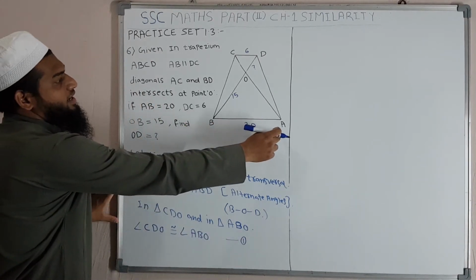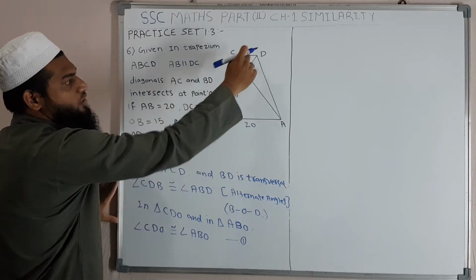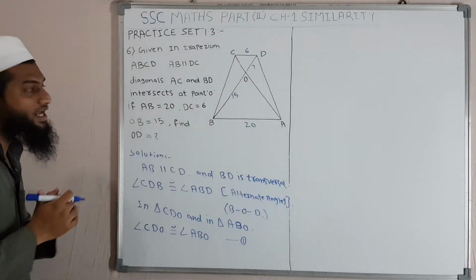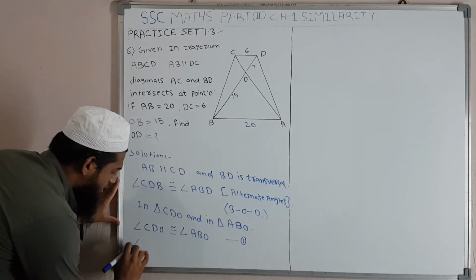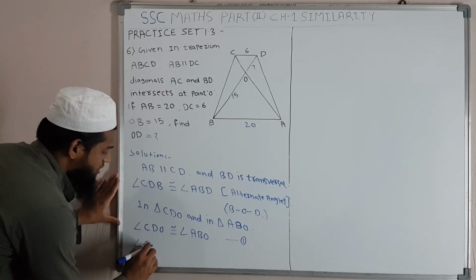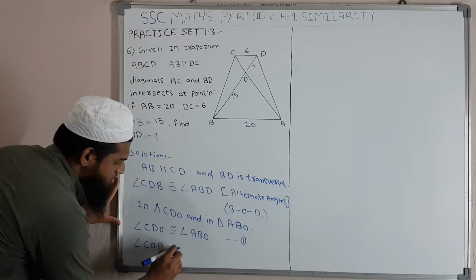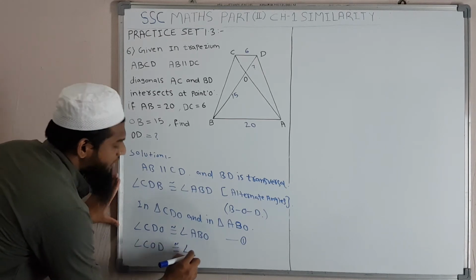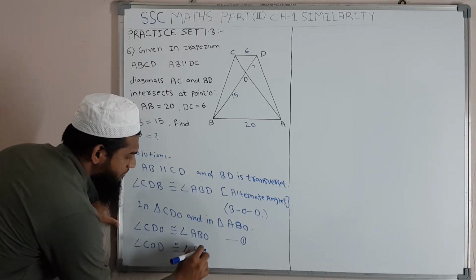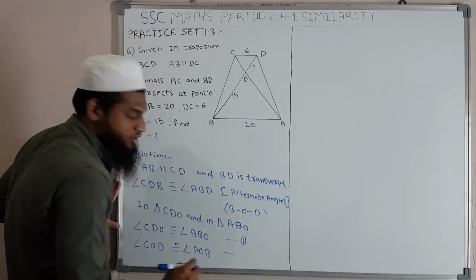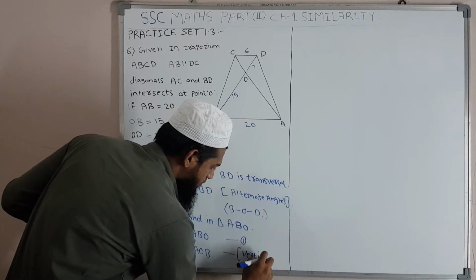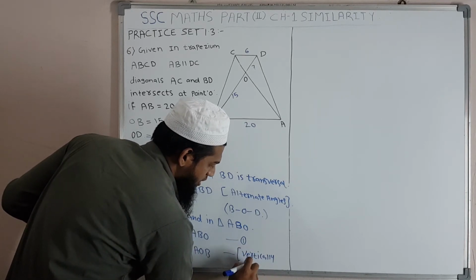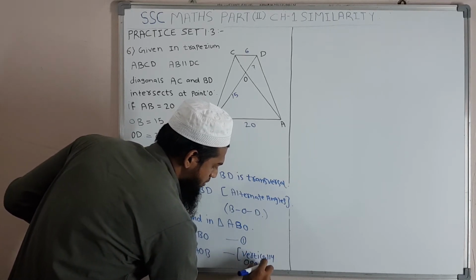And angle AOB and angle COD are vertically opposite angles and they are congruent. So I can write angle COD is congruent to angle AOB. The reason is vertically opposite angles.